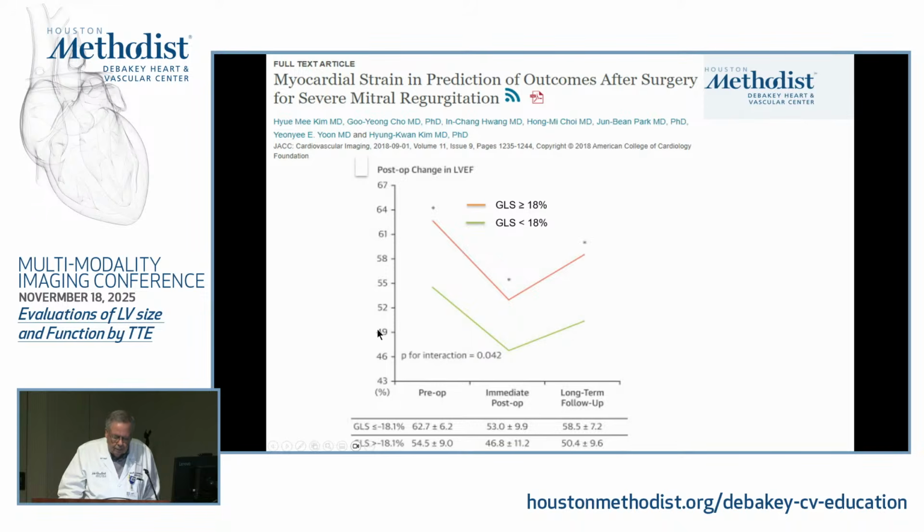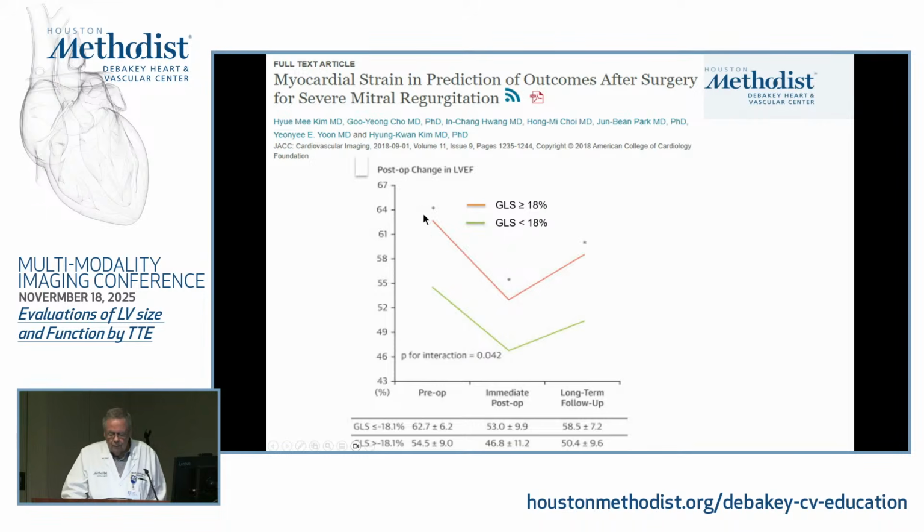These are the EF, by the way. They start with very good EF, drop to EF in the low 50s, and 1 year later they recover. But the group that had a GLS lower than 18, first of all, starts with a little lower EF, low normal, drops a lot more, and then recovers, but still not quite. Doesn't even make it to 50.